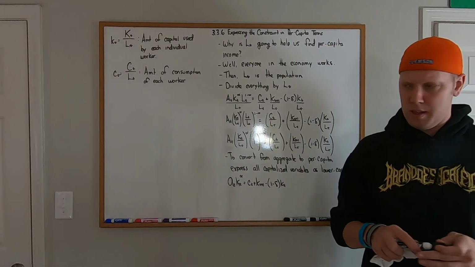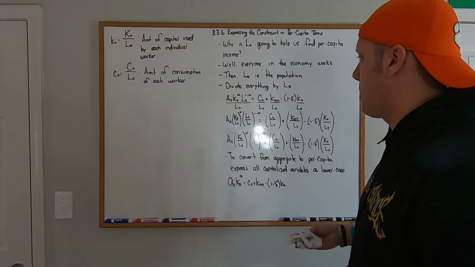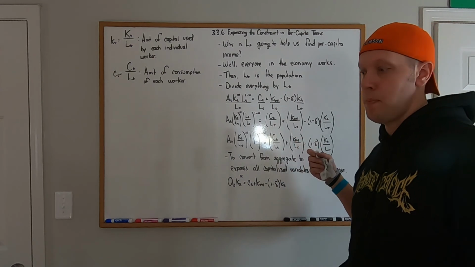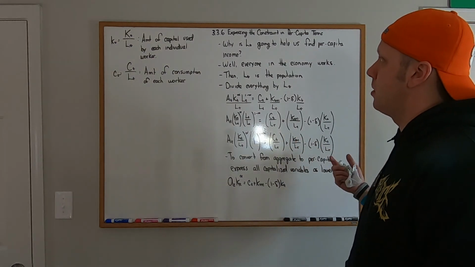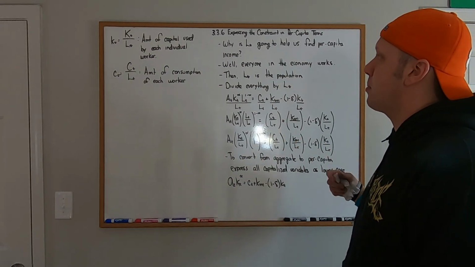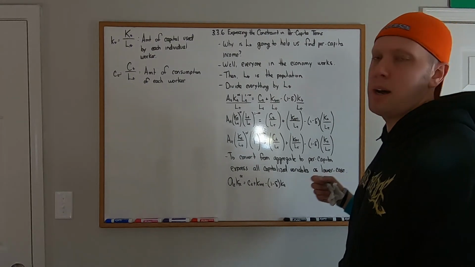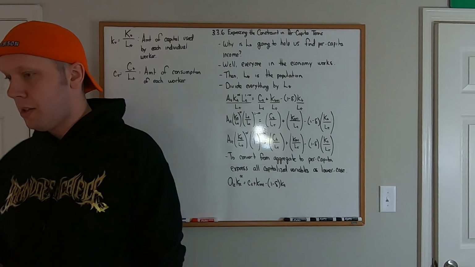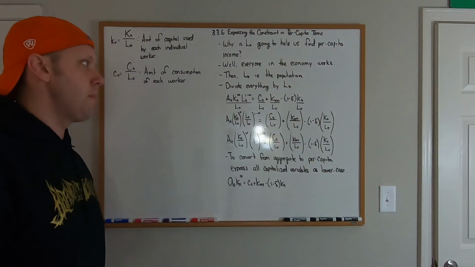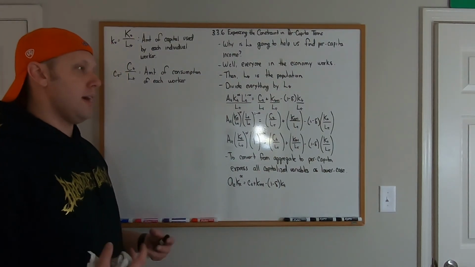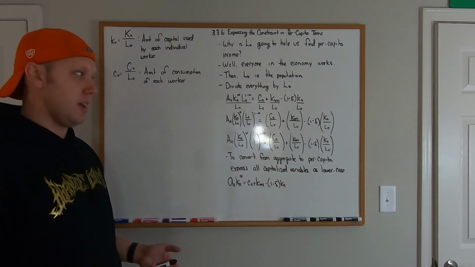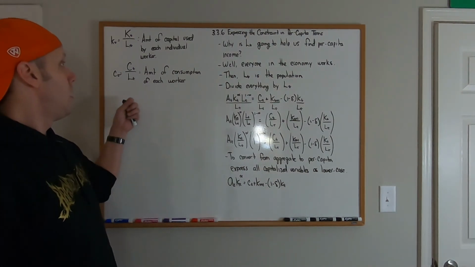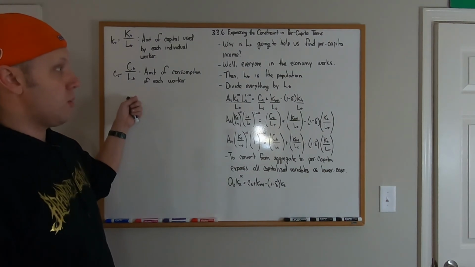Because it's just a nice little convention here, I don't see myself giving you an aggregate constraint. Maybe I will. No, actually, I probably won't. What I'll do is give you everything for all these equations already per capita. So you won't have to make anything per capita. You won't get anything at the aggregate. You will, however, get stuff per capita, and then you'll have to combine the equations.